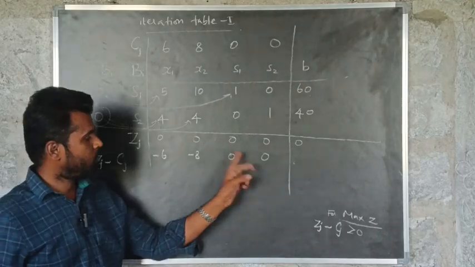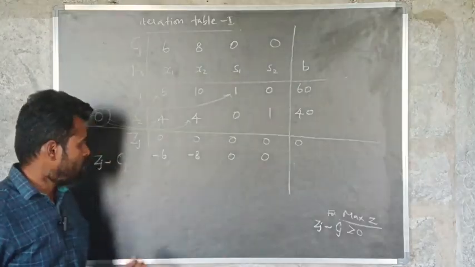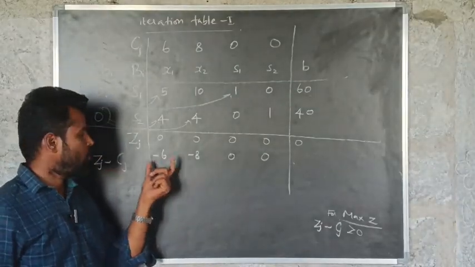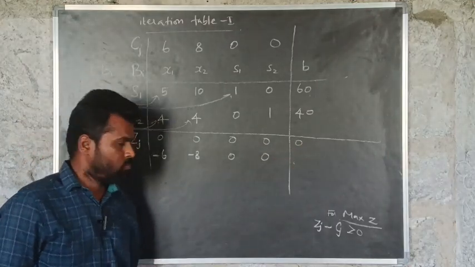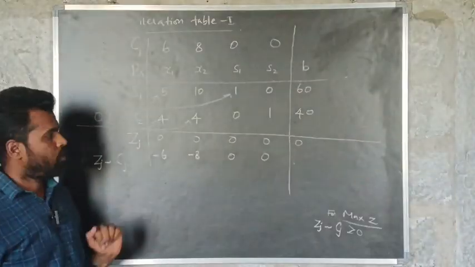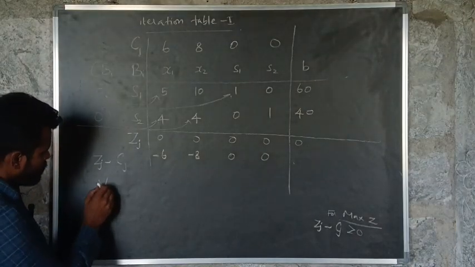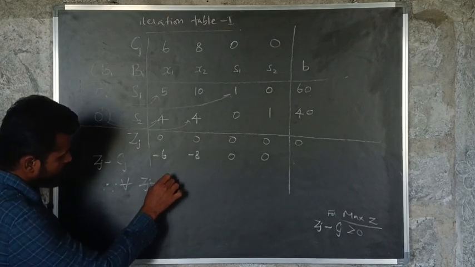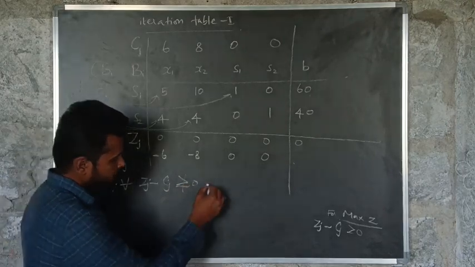No. Up to these values we got either 0 or greater than 0, but here we get negative values. To find the optimal solution, no negative value should occur in the Zj minus Cj row. But since not all Zj minus Cj values are greater than or equal to 0, we need to improve further.